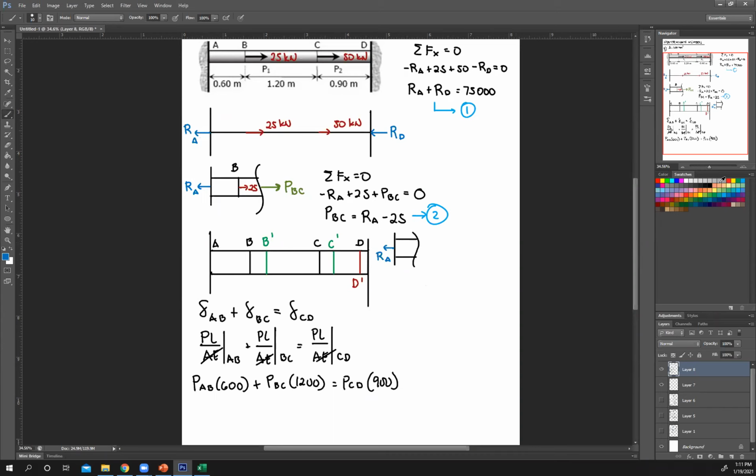Therefore, the internal force here would be PAB. Do the same thing for the last one. And there's a reaction here, RD. Therefore, our internal force would be this way. That's your PCD.